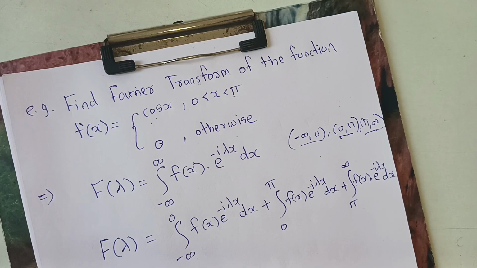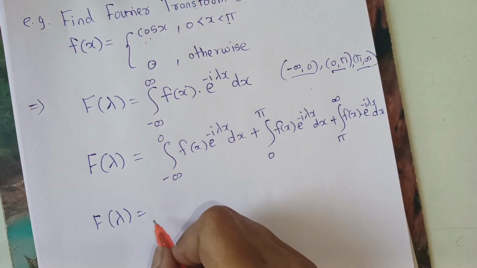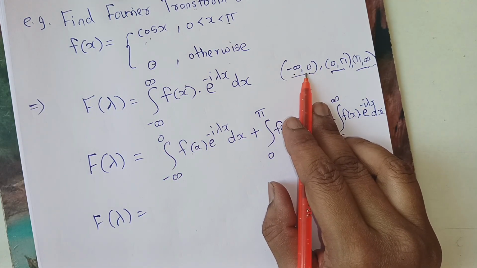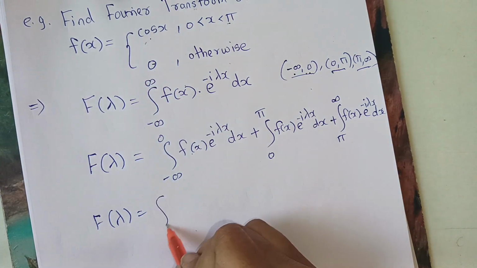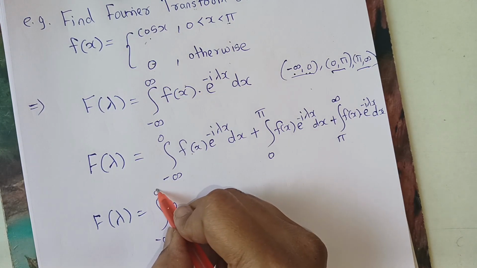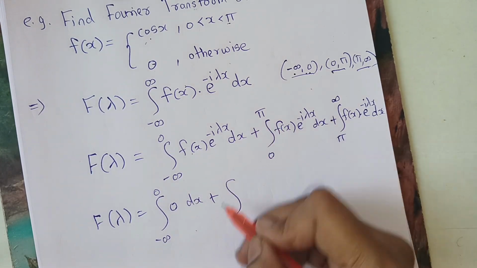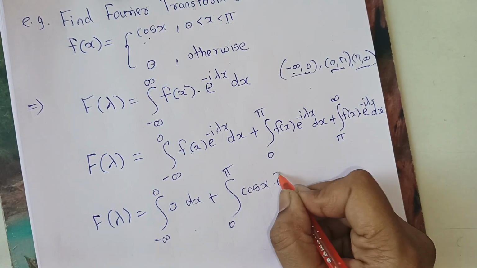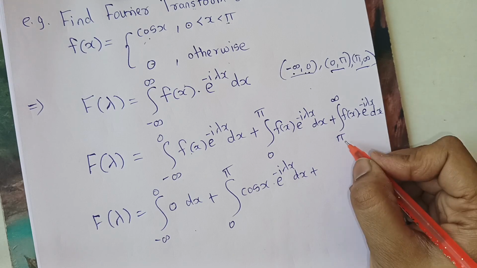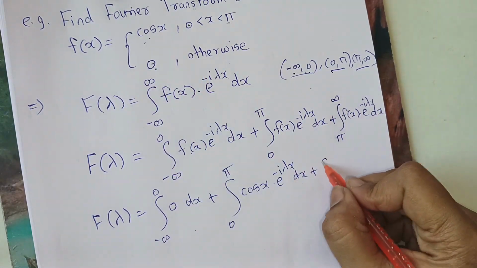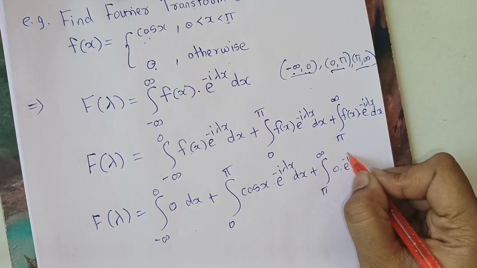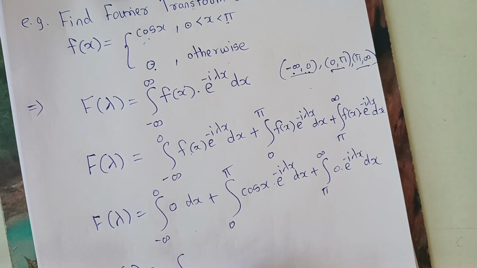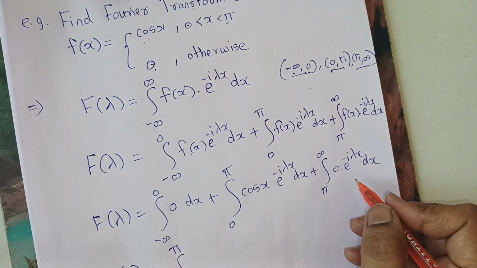So F of lambda is equal to, what is f of x? For the range minus infinity to 0 the function is 0, which means the integrand will be 0, dx, plus 0 to pi, where the function is cos x, so cos x times e raised to minus i lambda x dx, plus pi to infinity, where the function is 0 again, so 0 times e raised to minus i lambda x dx. So these two integrations are 0, since the integrands are 0.